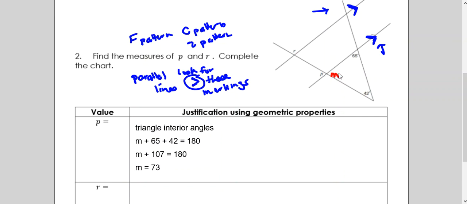So if I'm looking at that, how do I solve for M now? What do we know about M and P? Hopefully you said that they were vertical opposite angles, which means that they're equal.